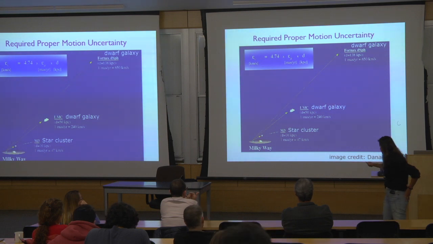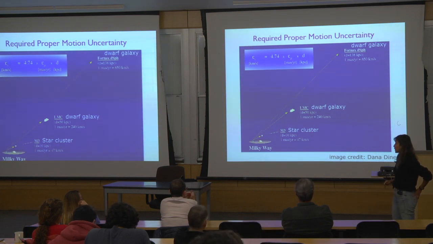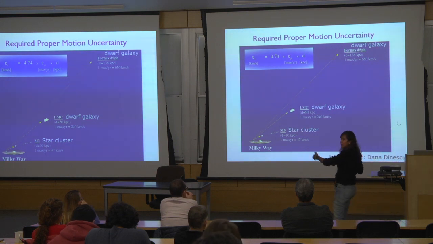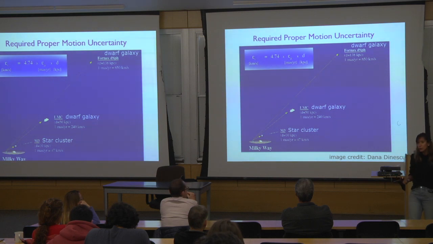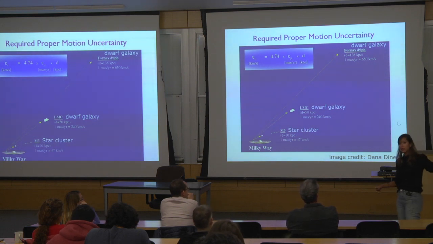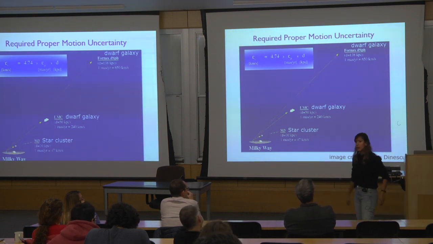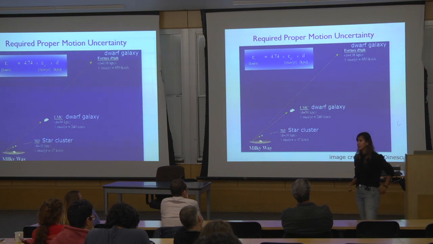So if you wait a really long time, then you get to actually measure an effectively larger displacement. So people have tried that too by actually using old photographic plates that were taken like 150 years ago, and then coupling that with new measurements from, say, CCDs.